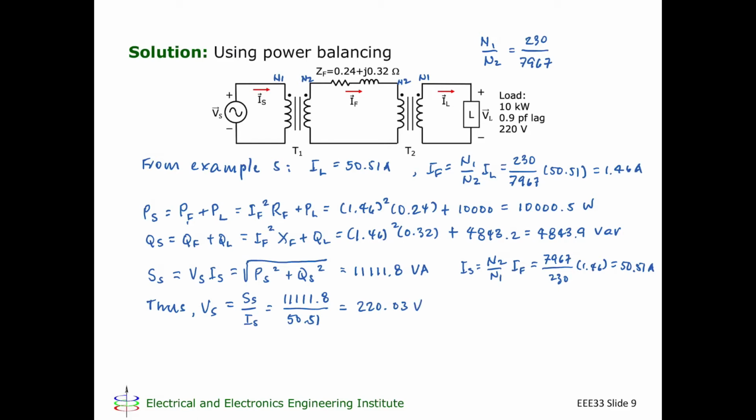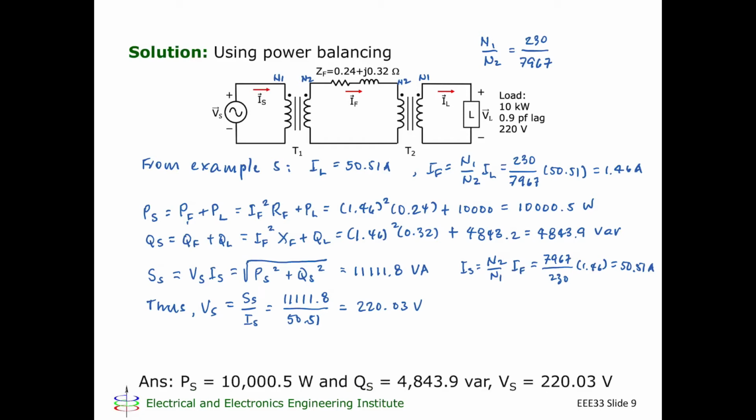So my answers: P_S is this, Q_S is this, and V_S is this. In other words, we expect a voltage drop across the feeder line, but to take into account that voltage drop, we only had to raise the intended load voltage by 0.03 volts.